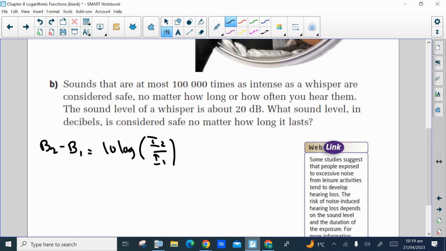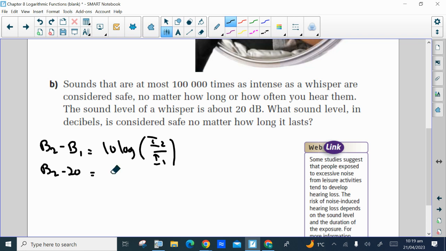B sub 1 will be the one with the smaller intensity, which is the sound level of a whisper. Sounds that are at most 100,000 times as intense as the whisper are considered safe. So we want to know what B sub 2 is, and B sub 2 will be the decibel level of a sound that is 100,000 times more intense than the sound of a whisper, which is 20 decibels. So we need to solve for B sub 2 if B sub 1 is 20.